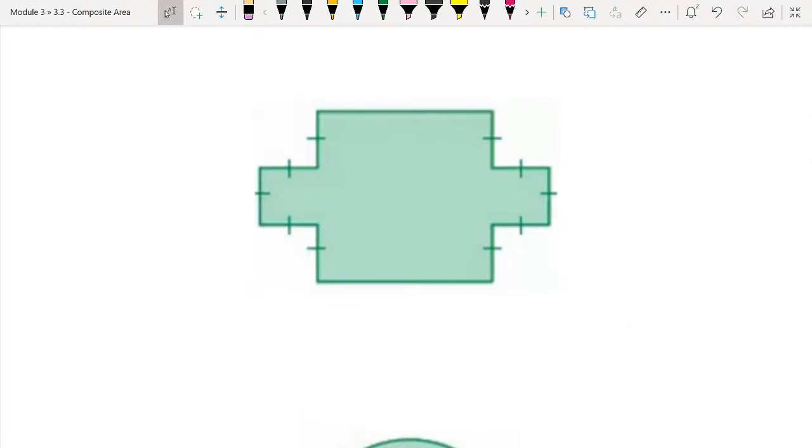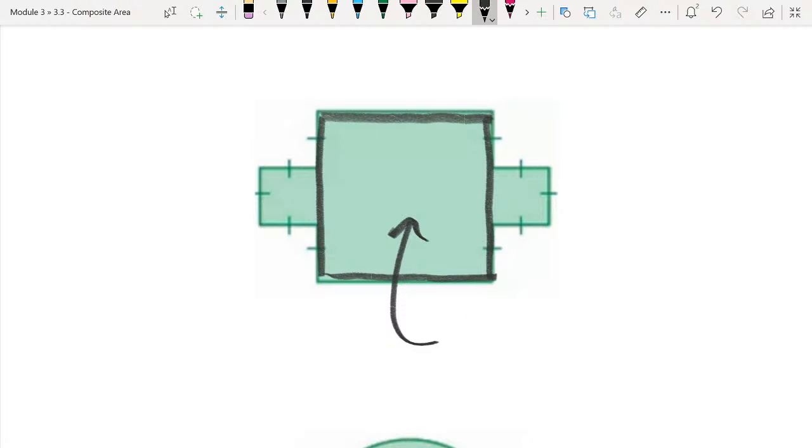This one here, well, same idea. It's very straightforward. We could say, I'm just going to treat this as a shape. So that's a rectangle. And that leaves me with another rectangle over here. Maybe even a square, but we don't know that. It doesn't show, well, actually it does.